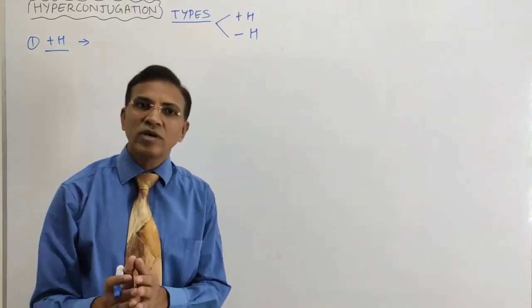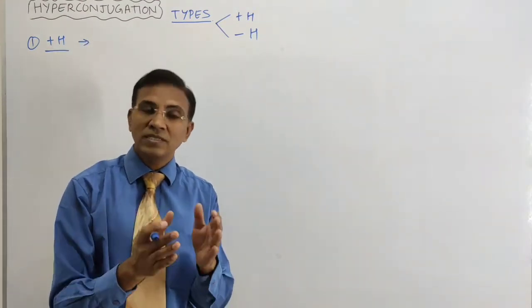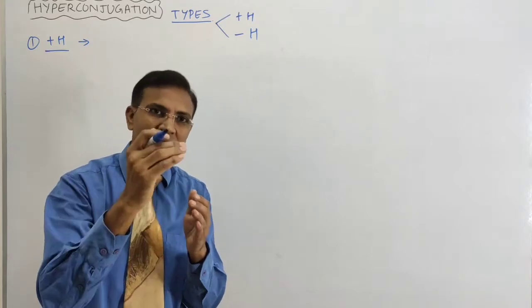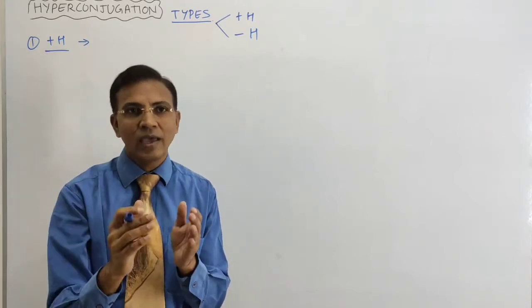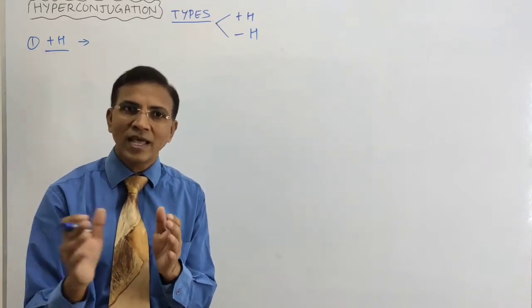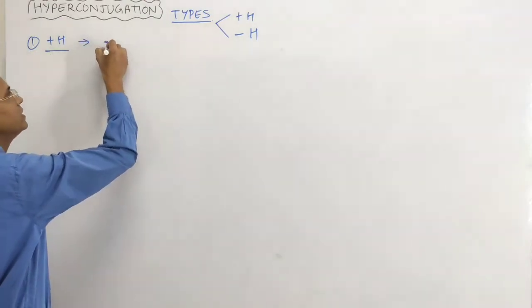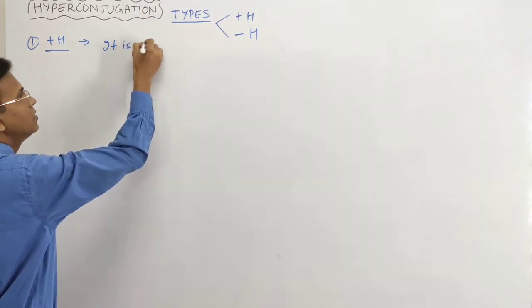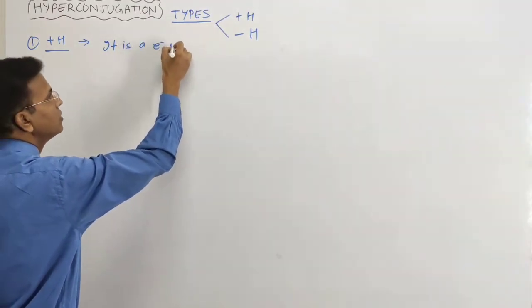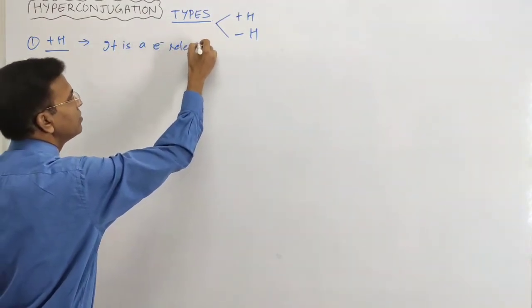It is an electron releasing effect, meaning the sigma bond between the C and H is transferred to the empty orbital of the neighboring carbon atom. So here it is an electron releasing effect.